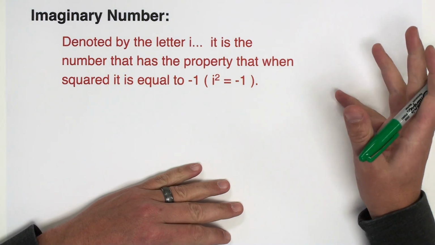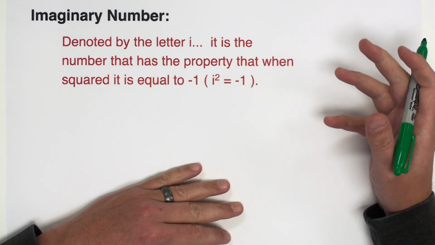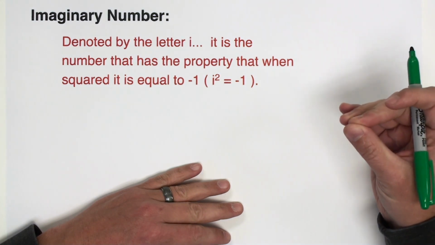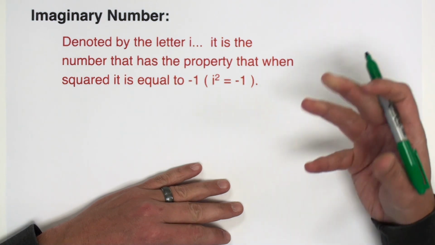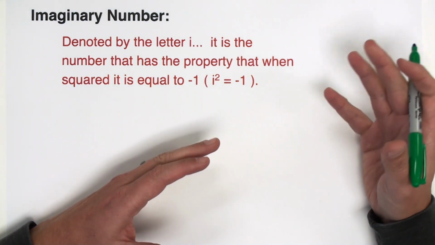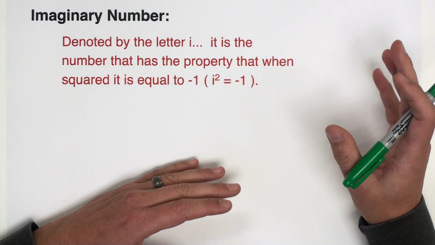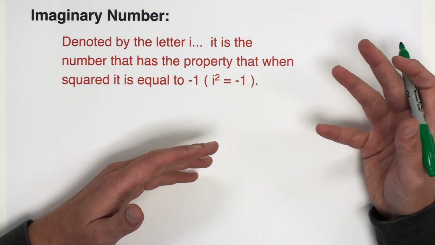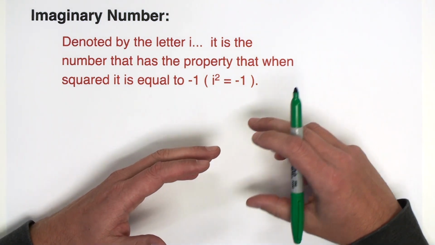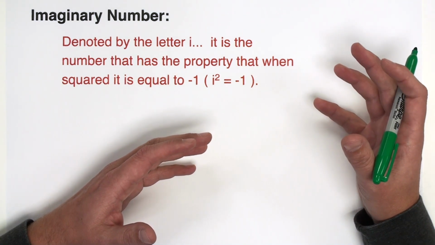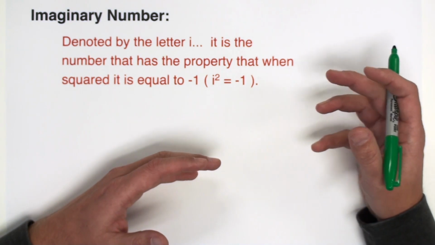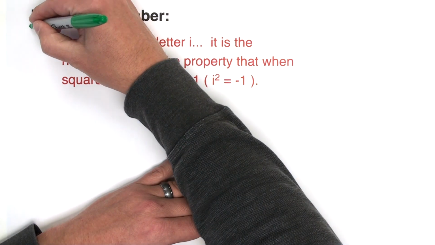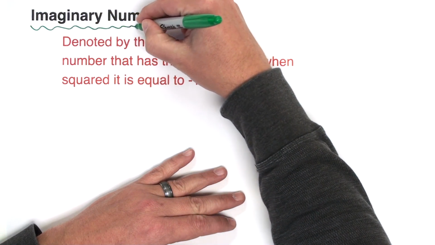Okay, so what is the solution that we're looking for? Well, mathematicians just decided that we need a number that has this one particular property. And if we had that number, it would open up all these non-solvable quadratic equations. So we created a number to have that particular property. In essence, we expanded our number system. We created a new number that will do what we need it to do. So we call these numbers imaginary numbers.